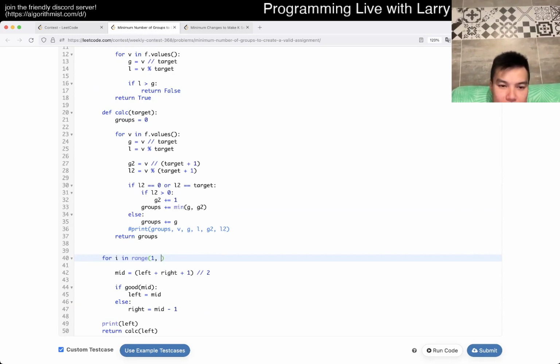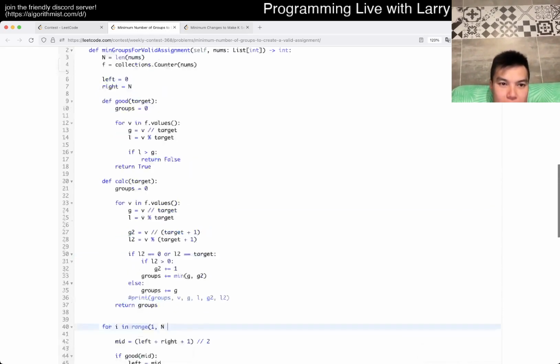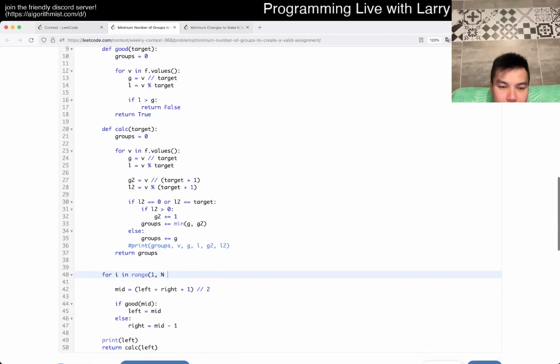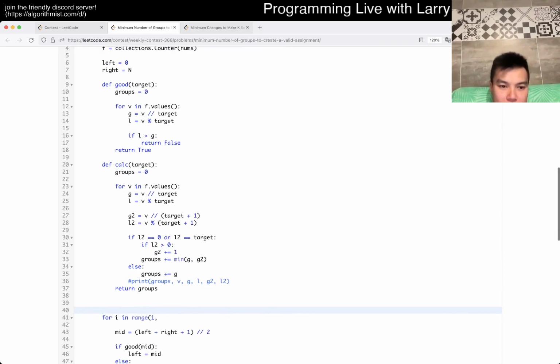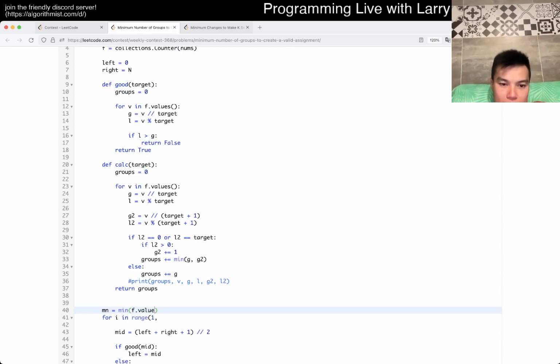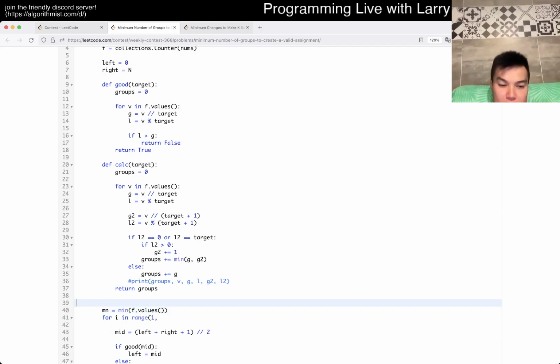The min number is this. Well, we have to try the min number, right? Because that's the biggest thing that we can try.